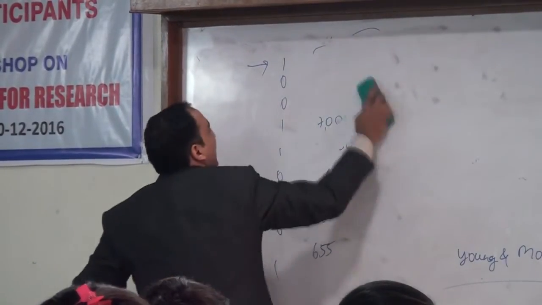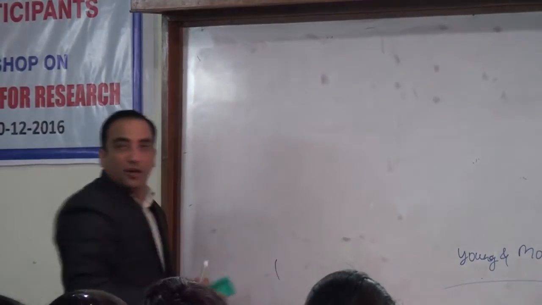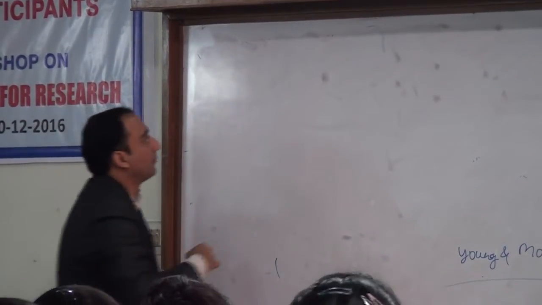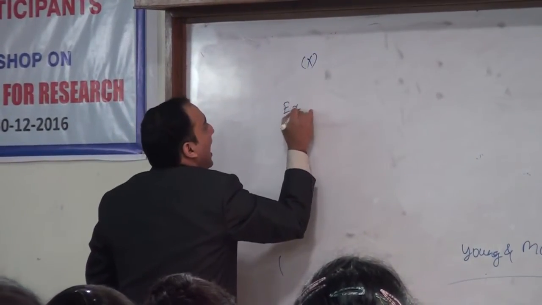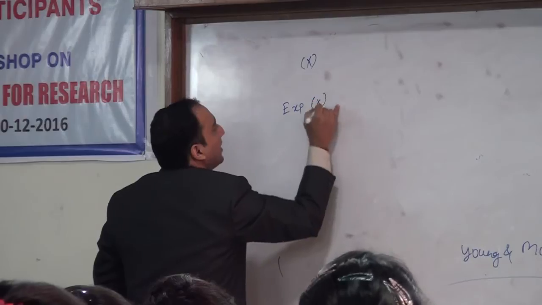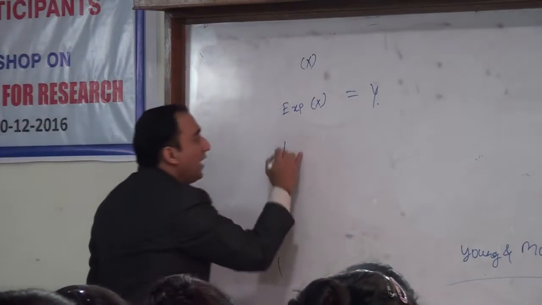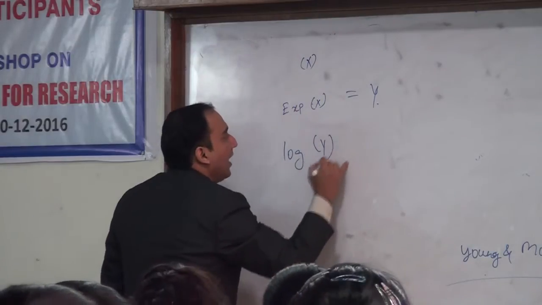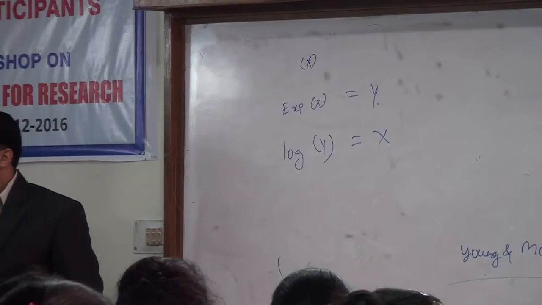So if I am saying that there is a value x, and I am defining exponential of x equal to y, then if I do log of y, I will get it. Okay?